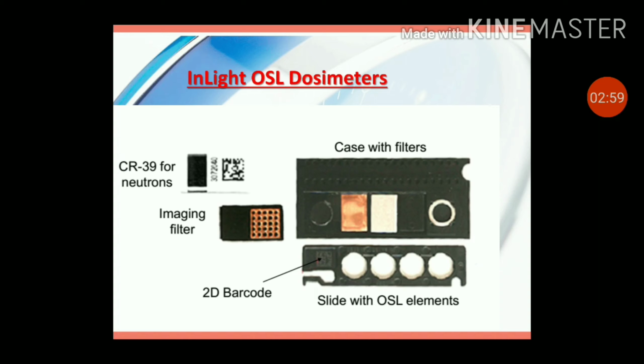Aluminium oxide doped with carbon is also available in a single crystal form. They are typically 5 mm in diameter and 0.9 mm in thickness, and ideally they are used in low dose measurements. Another advantage is that they can be annealed at a high temperature to empty the deep electron and hole traps. OSL intensity, curve shape and dose response will vary from dosimeter to dosimeter.